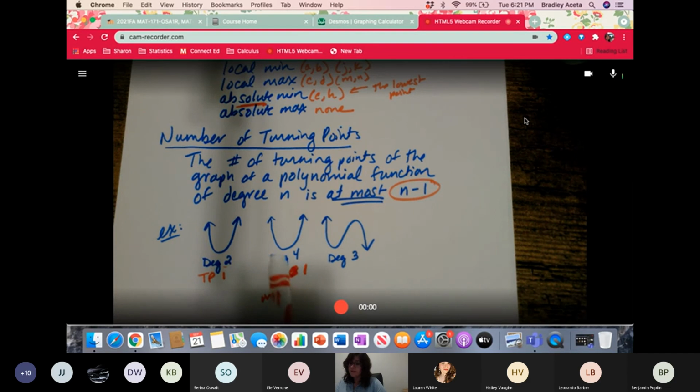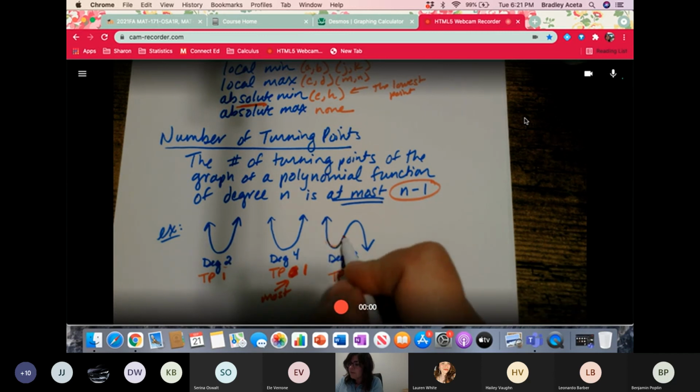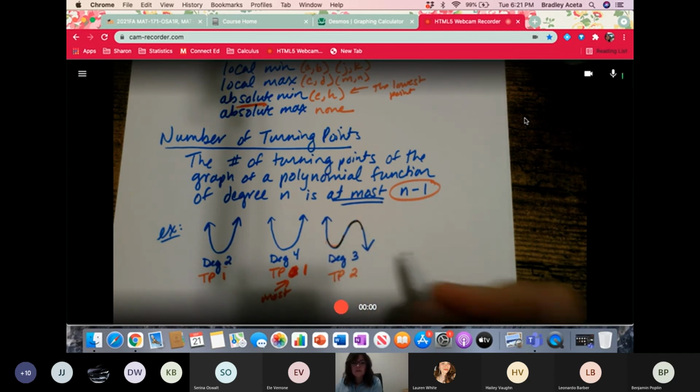So that's why this is a degree 4, but it has only one turning point. This is a degree 3, and it has at most 3 minus 1 turning points, so 2, and this one definitely has 2. 1, 2.